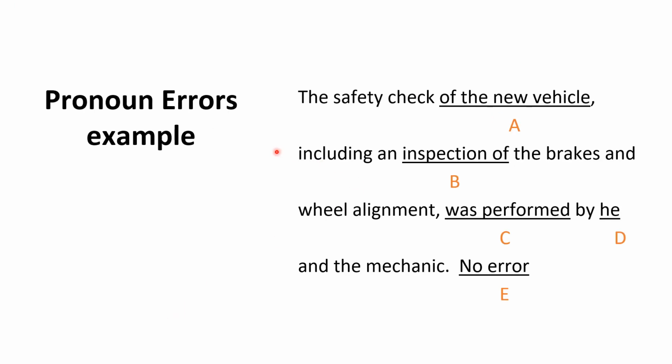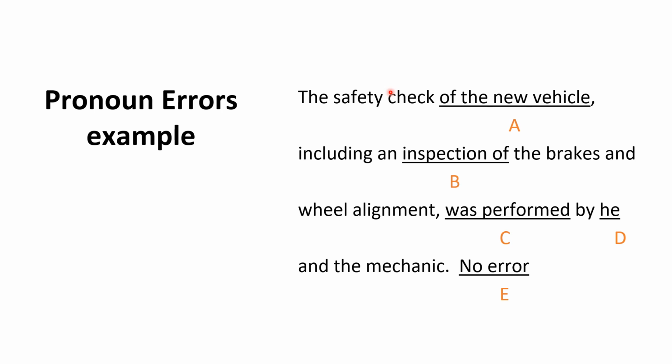Next example. Okay, so here you already have a clue. The error here is a pronoun. Let's see why. The safety check of the new vehicle, including an inspection of the brakes and the wheel alignment, was performed by he and the mechanic. No error. What is the subject? We have the safety check.